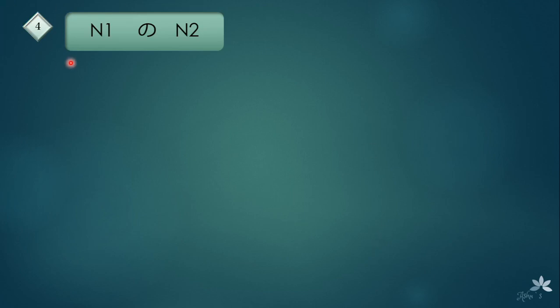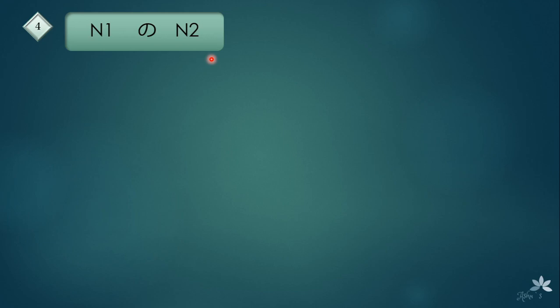Now let's learn the sentences with N1 no N2. Friends, we have already learnt a similar expression N1 no N2 in the first and the second lesson. There we said that in N1 no N2, the thing in N2 belongs to N1.